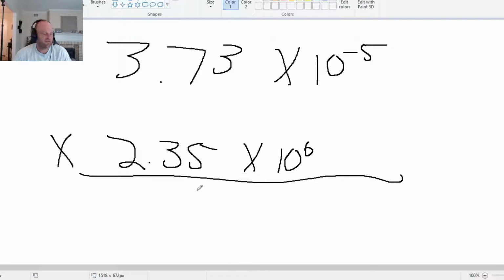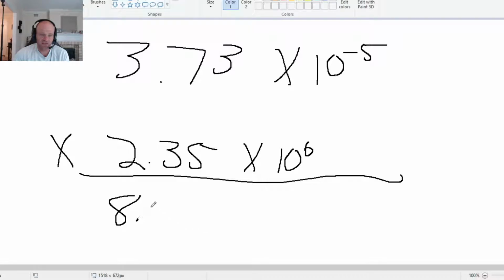So 3.73 times 2.35, do that first on its own: 8.765. I'll write it all there, but I have to use the same number of significant figures, 3 in this one, 3 in this one.